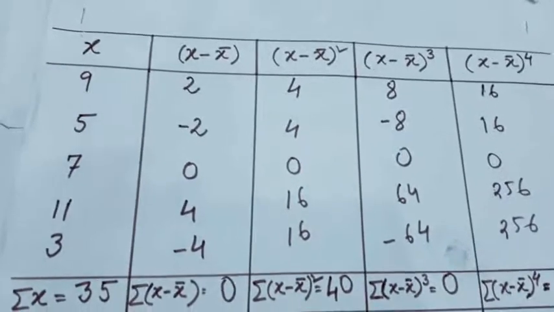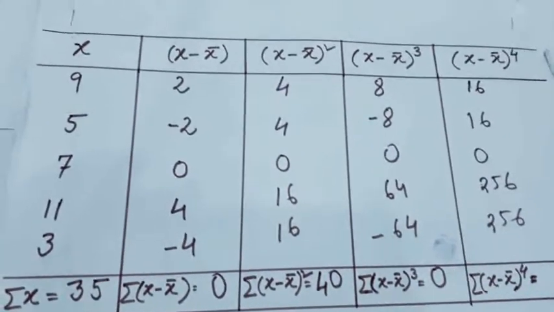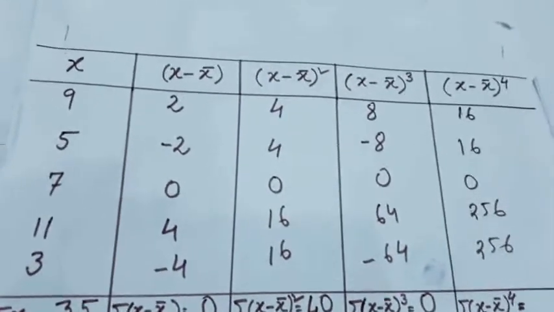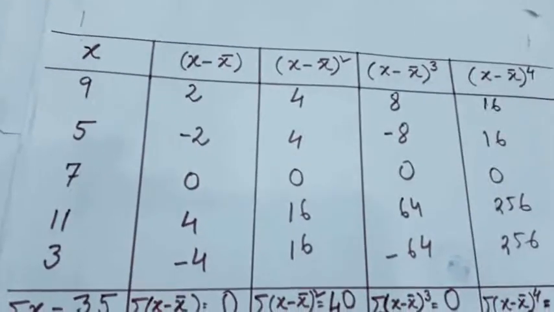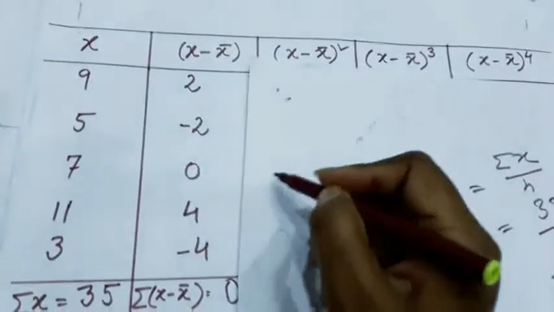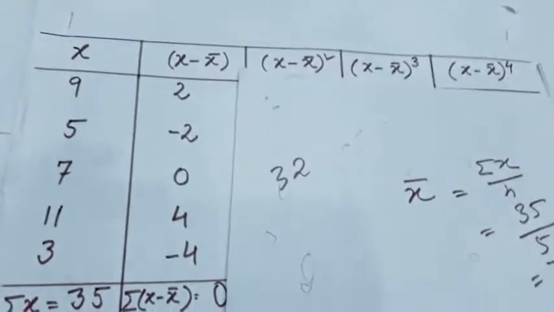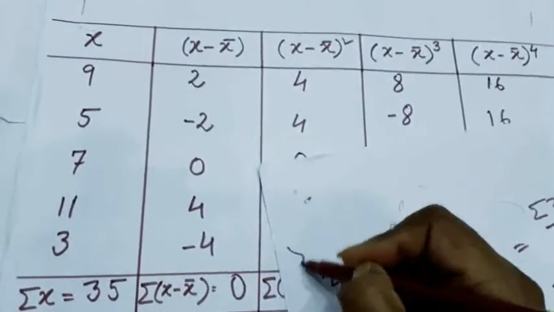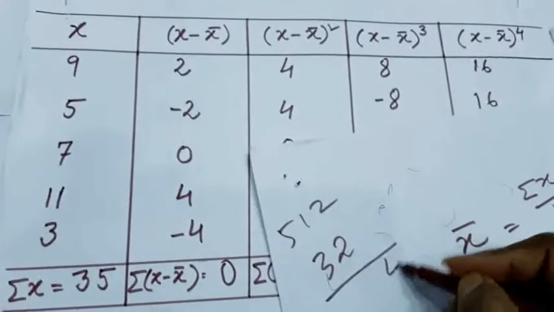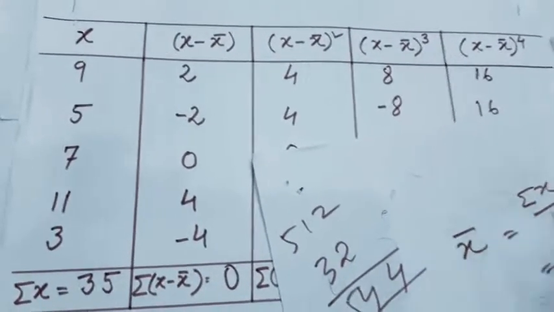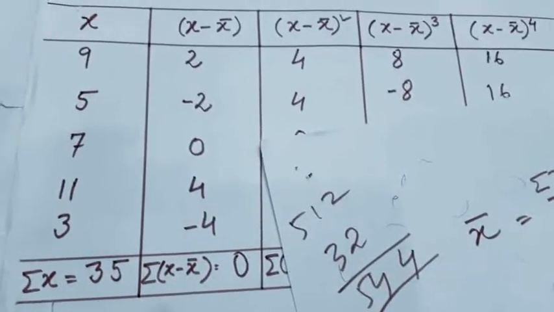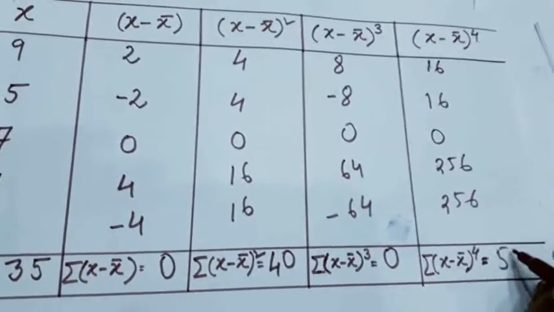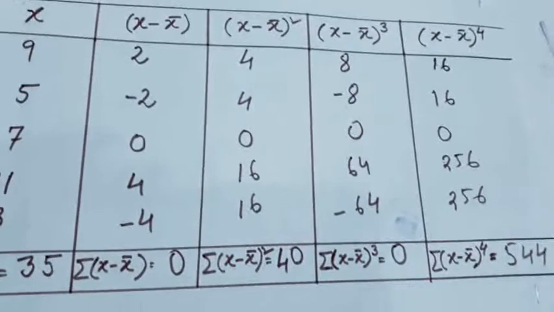If we add up all this, what will we get? 16, 16, 32 plus 256, 256, 512, equals 544. It is 544. Okay.